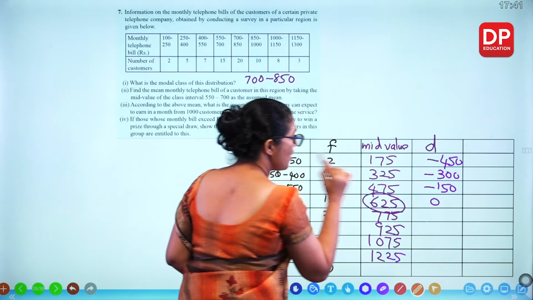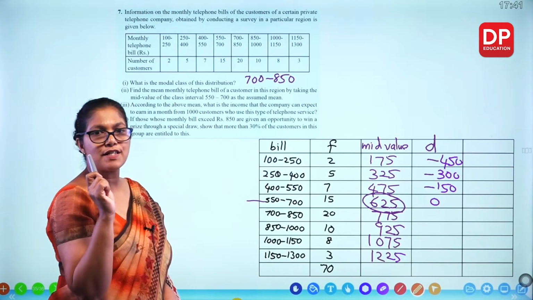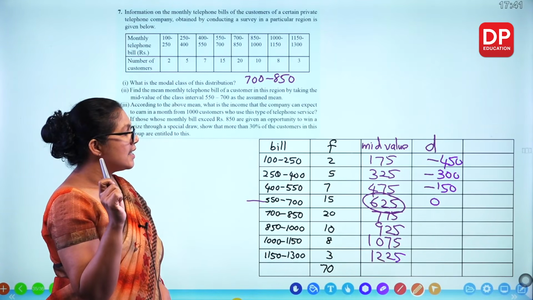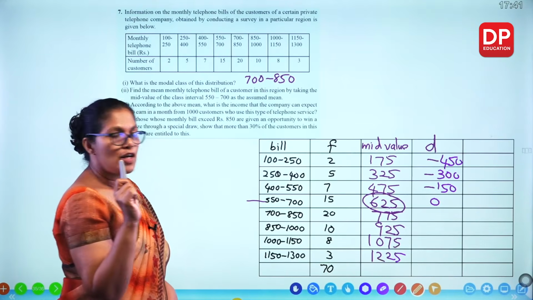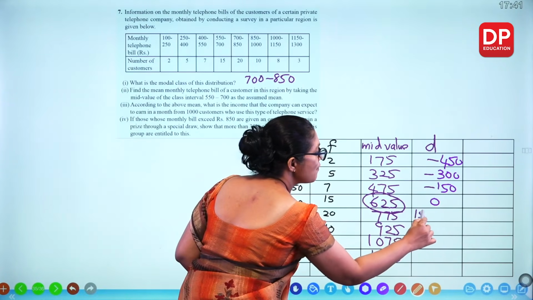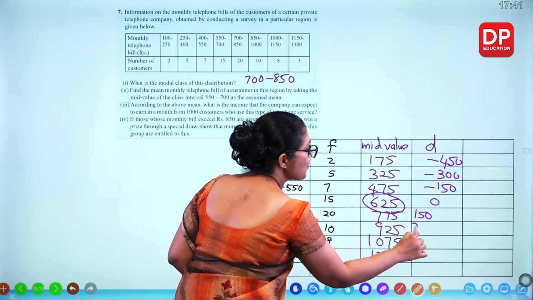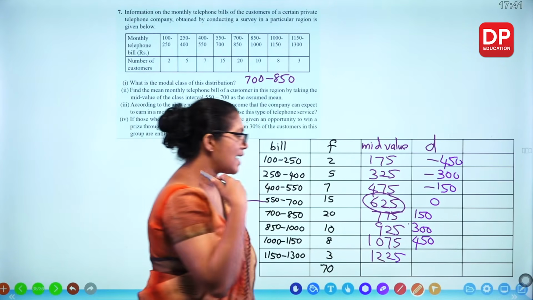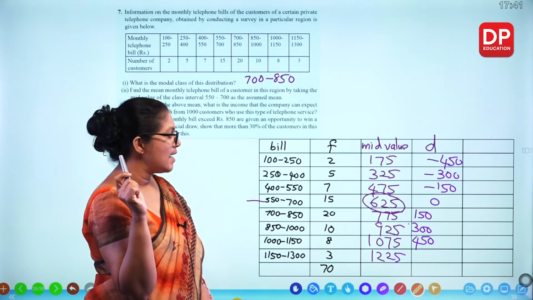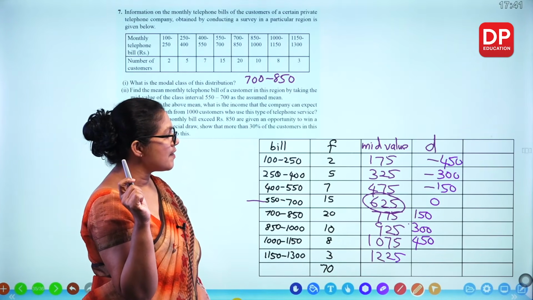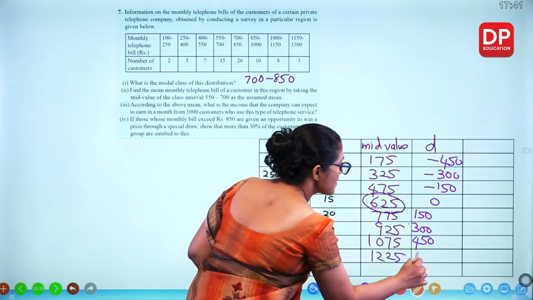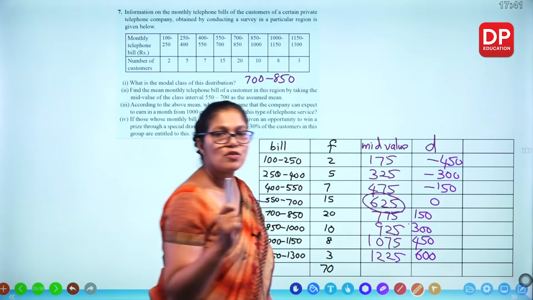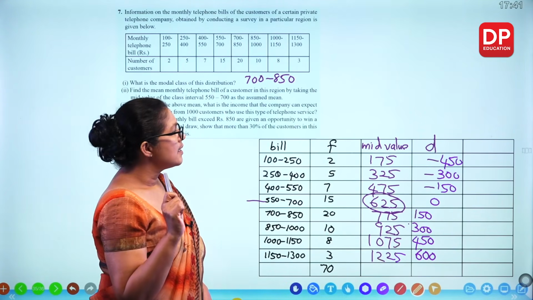Then you get 0 here. 775 minus 625, you get plus 150. Here plus 300, plus 450. And what's the last value? 1225 minus 625, you get 600. So those are the deviations.